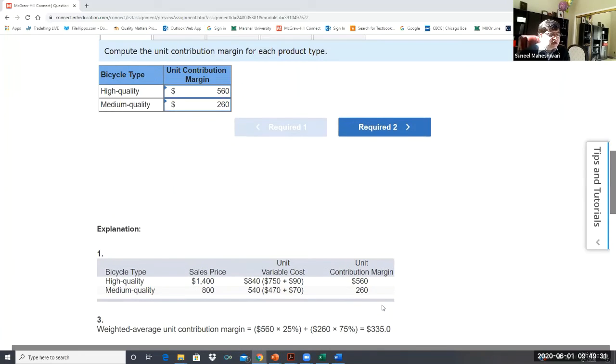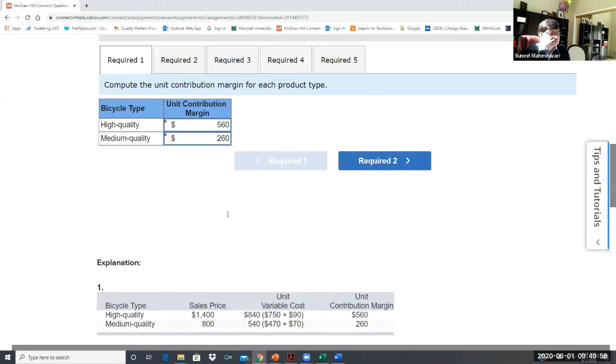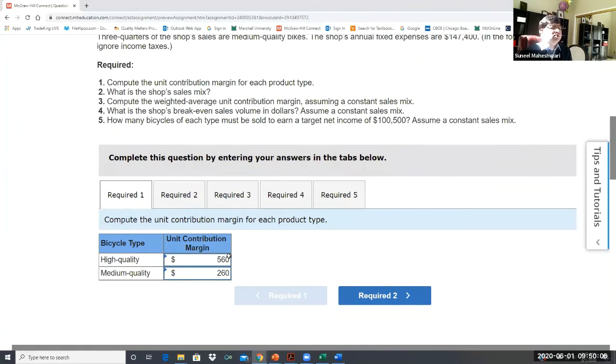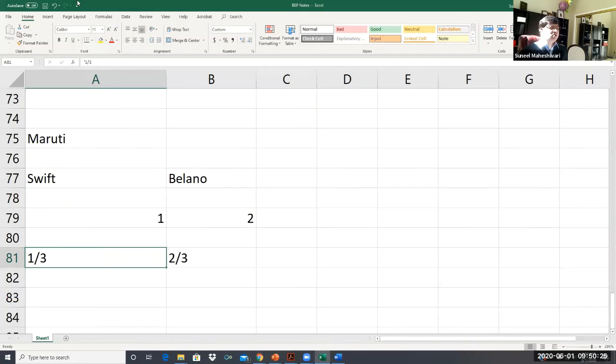Now, the relative sales mix in this case is, once you have a relative sales mix, I'm looking for where it tells you something about the sales mix. And again, we are ignoring the income taxes.